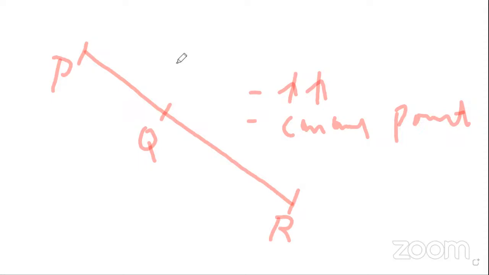If we have a common point and no parallel vectors, they are not collinear. If we had P, Q, and R, I hope all of us can see my left part of the screen.